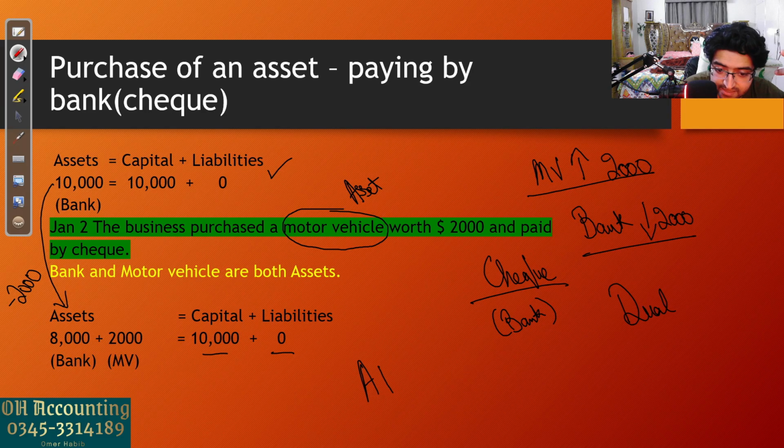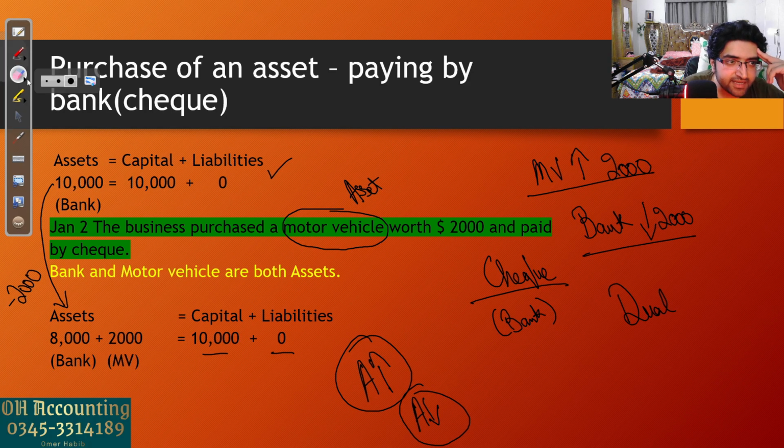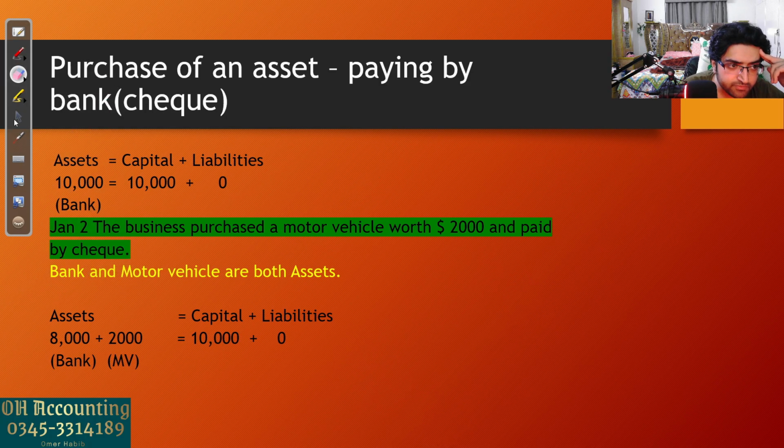Assets increased, and at the same time assets also decreased. This is also a dual effect, okay, on the accounting equation. It can be on the same side as well and of the same item as well. So don't get confused. It is still a dual effect because one asset has increased whereas the other asset has decreased. Let me erase this and move on.